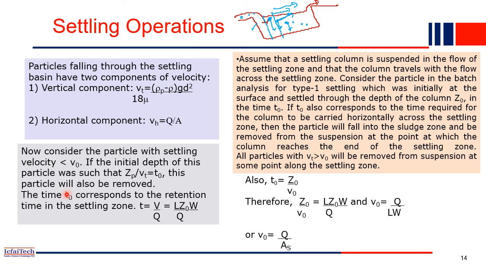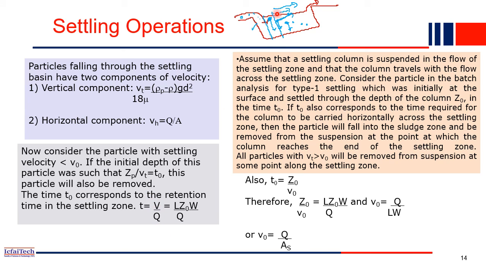The time taken, t naught, corresponds to the retention time of the settling zone: T is equal to V by Q. So what is V? V is the volume of the sedimentation tank. T is the retention time, meaning how much time is required for the particle to settle from here to here. We call it retention time, right?